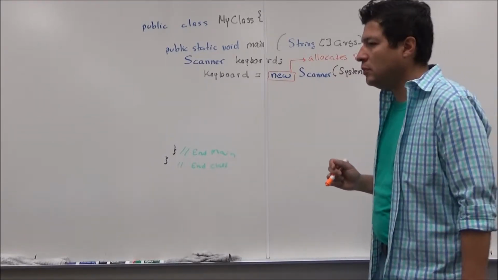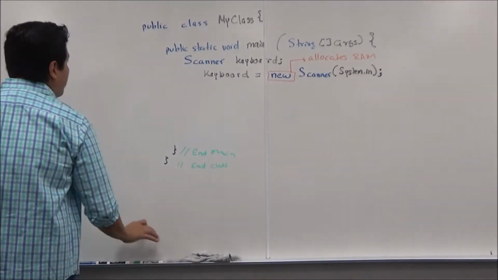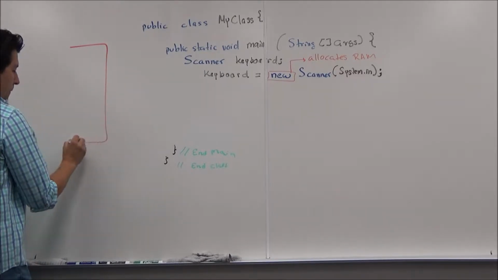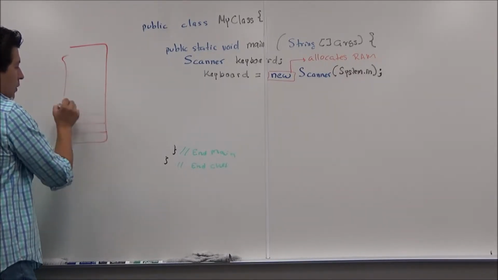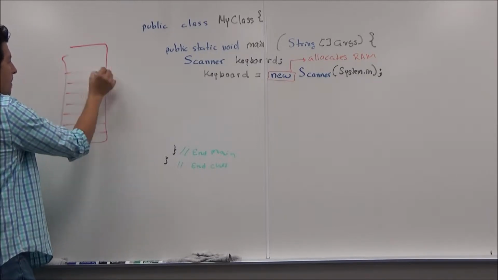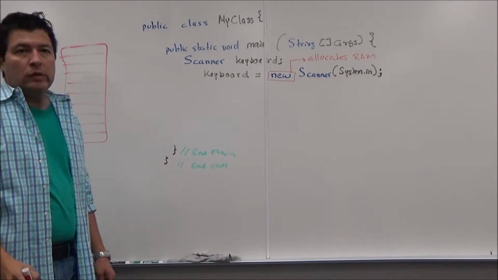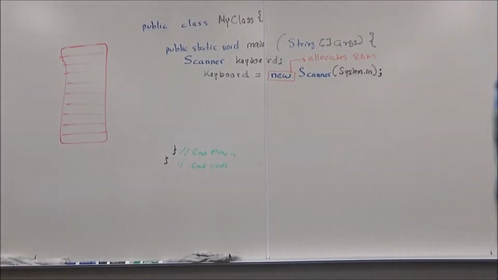So you have RAM. This is your memory chip, and we put these imaginary lines to indicate chunks of addresses.